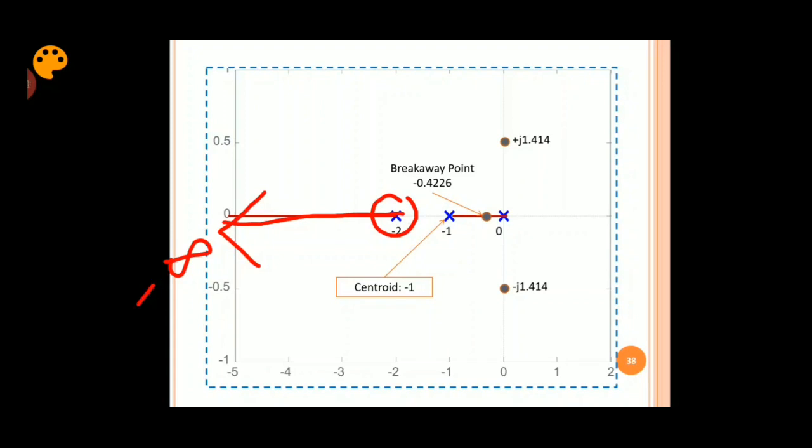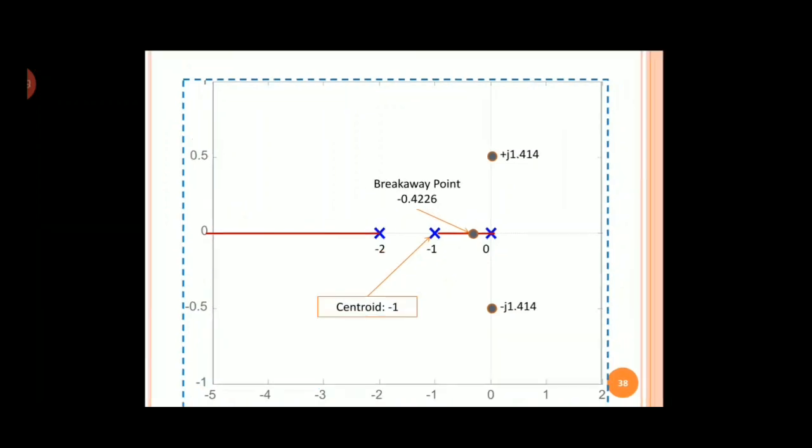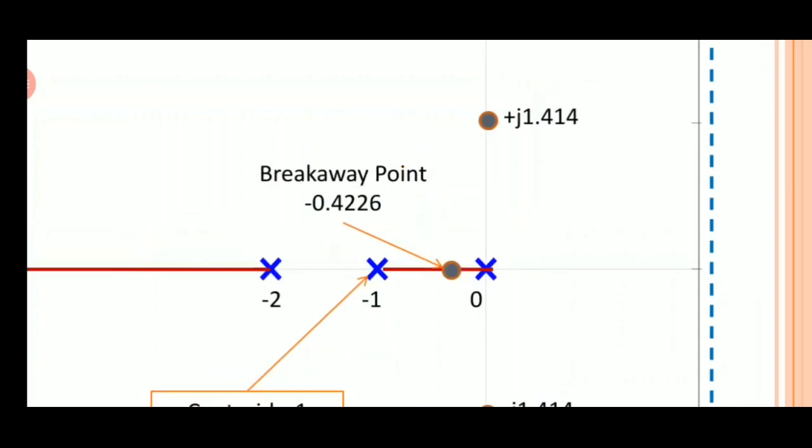Now there are 2 more branches starting from the other 2 poles, and very clearly the section between them is RL. Therefore one branch should go in this direction, and the other branch from the 0 should go in the other direction.